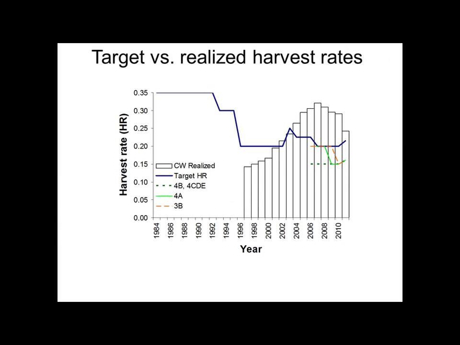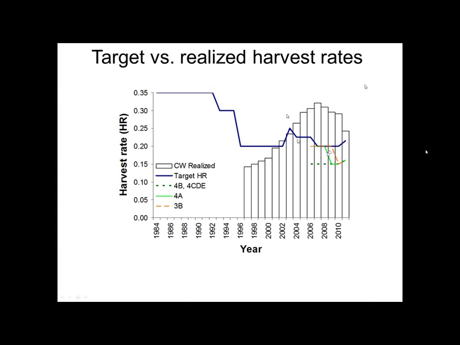In terms of where we are with the most current estimates of coast-wide realized harvest rates compared with what the targets were, or what the implied target is, because now it's no longer 0.2 coast-wide, now it's a combination of the 0.2 and the 0.15, which is typically around 0.19 or 0.18 each year.